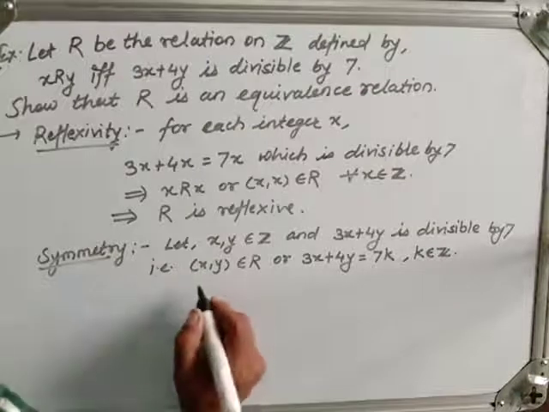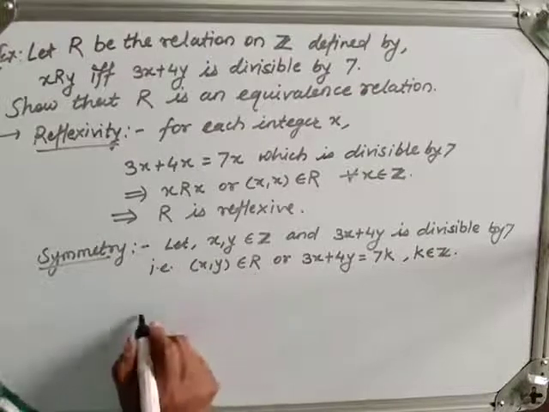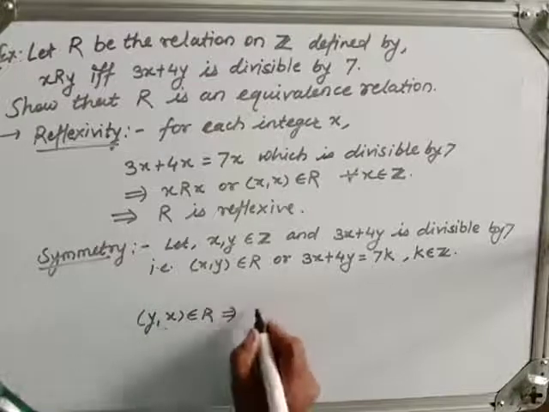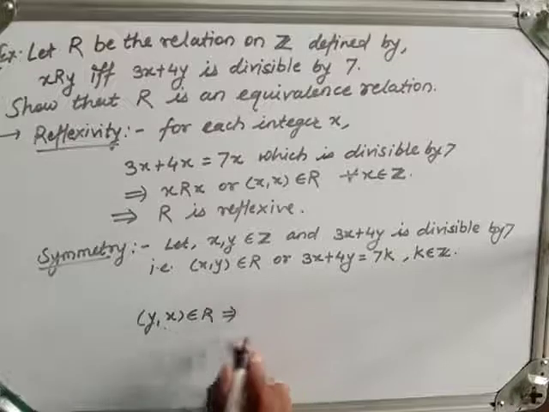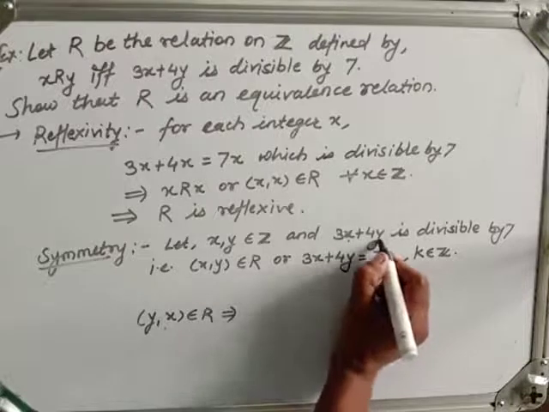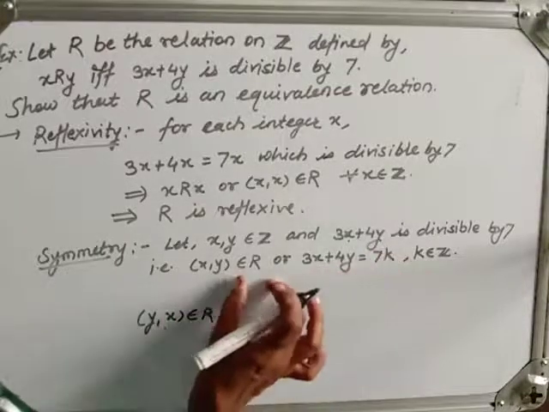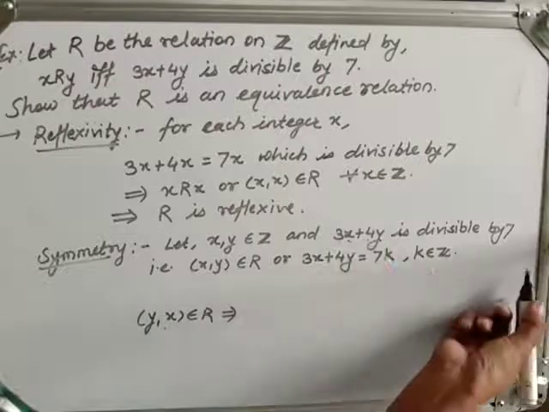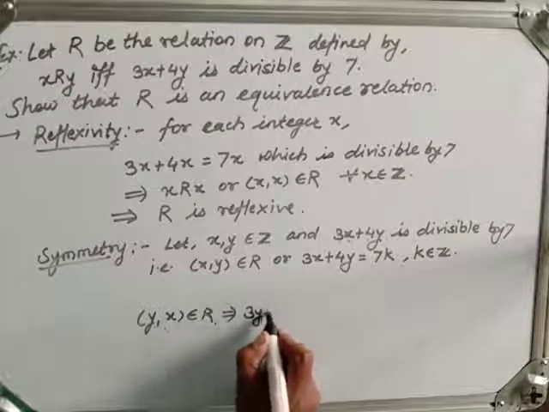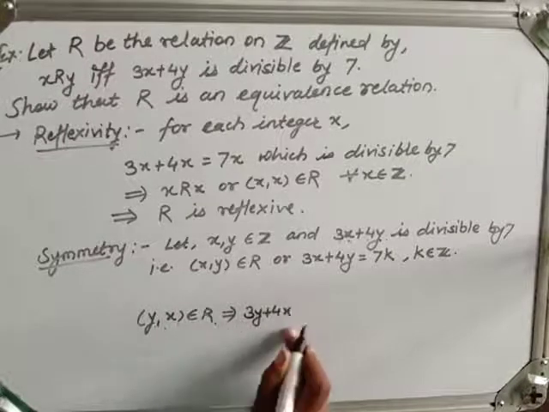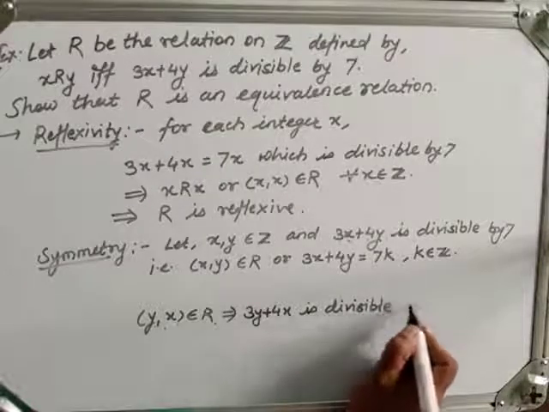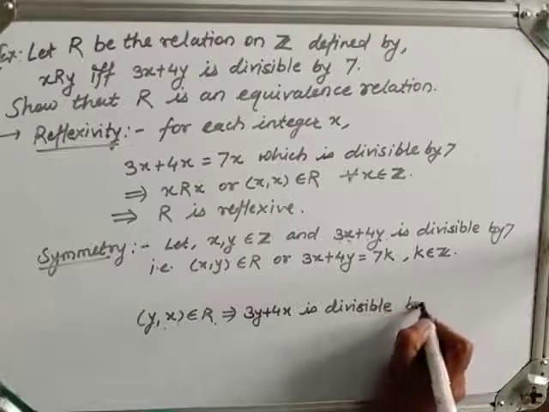Now our aim is to show that as (x,y) belongs to R, (y,x) also belongs to R. That is, the place of x is taken by y and the place of y is taken by x. So (y,x) belongs to R tells that 3y plus 4x is divisible by 7. This thing we have to show.